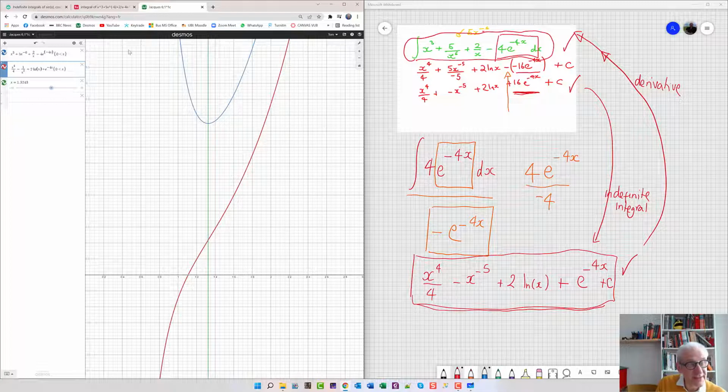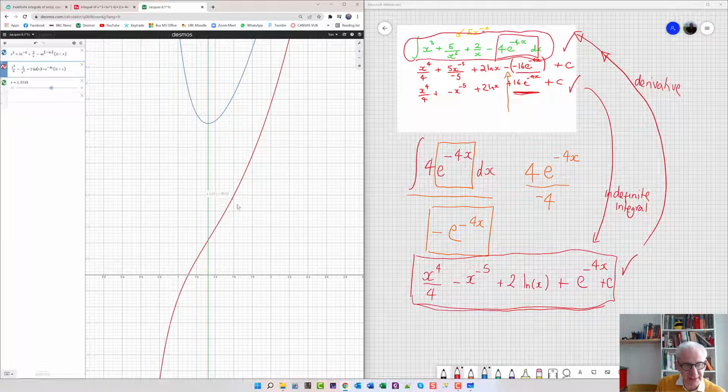Okay, so that's just to illustrate that this antiderivative, this integral here, really is connected to that function there. The original function we had is actually the derivative of the antiderivative that we have found and plotted here.